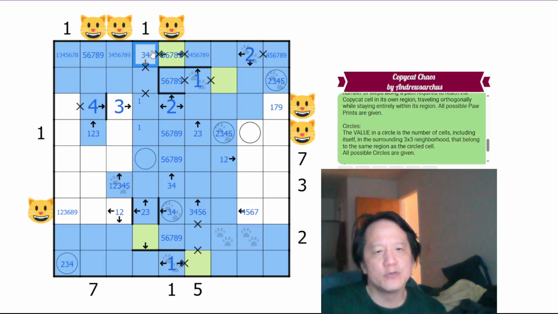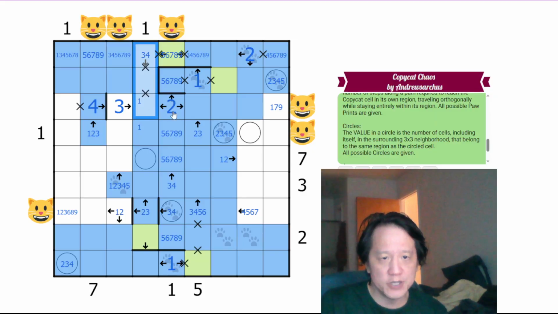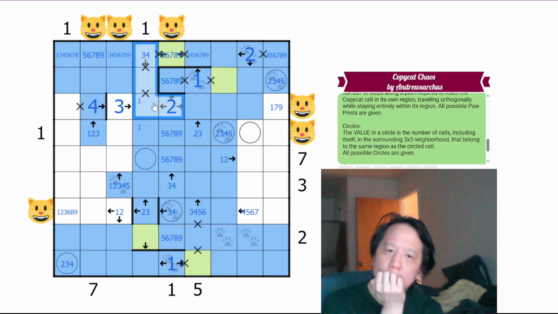Interesting. Okay, so this portion here, we necessarily only have one boundary between one of these two. So this necessarily has to go either that way or that way. Huh. Interesting. Does that tell us anything? I don't really know.